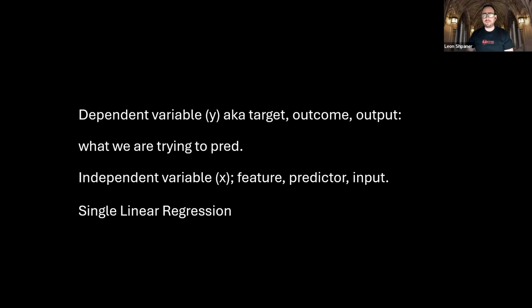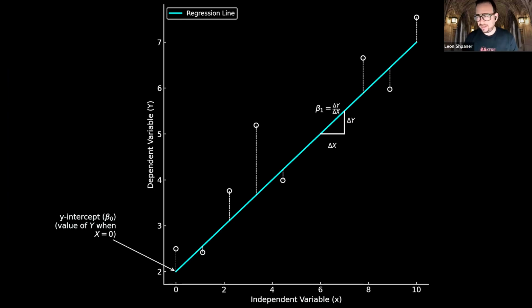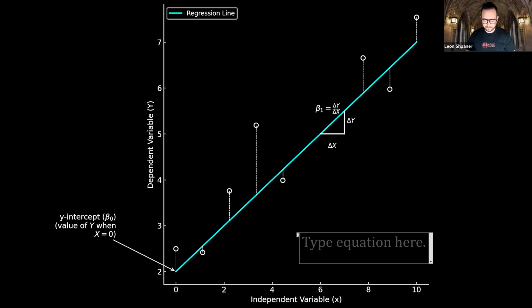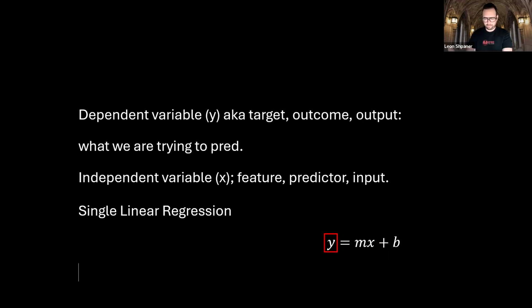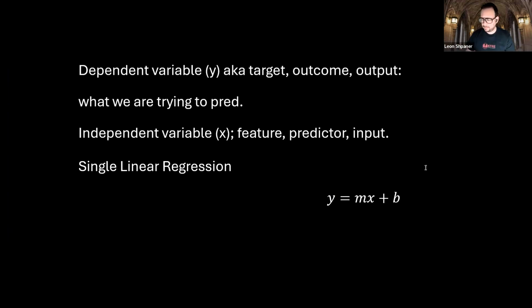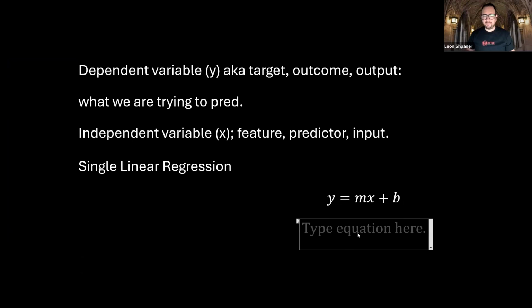And if you go back as far back to pre-algebra or algebra, whenever you've seen this first equation of the line, which is y is equal to mx plus b, you have m is your slope, x is your variable, b is the intercept, and y is what is equal to in the equation. But in this case, it is what you're trying to predict. So it's a line. It's the equation for the line.